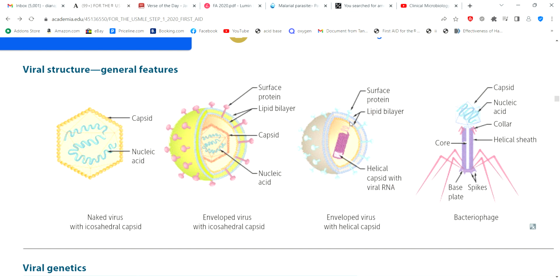It has a helix in the center, and that helix has viral RNA. And a bacteriophage is something that eats bacteria. This is the structure of it.